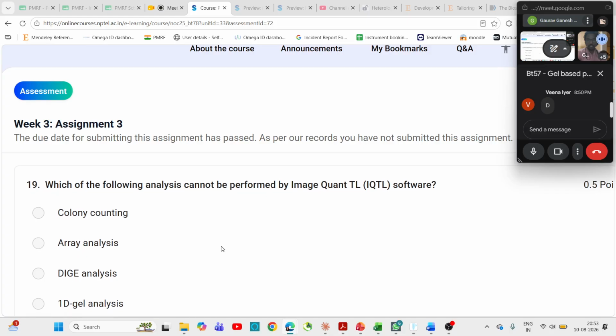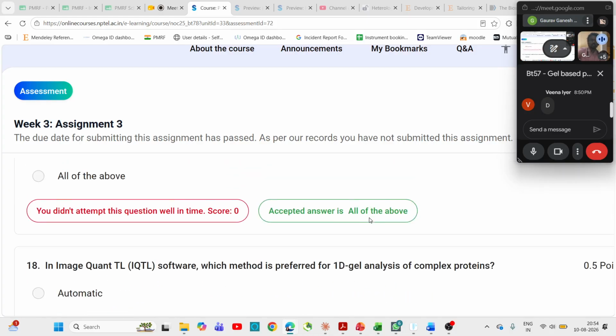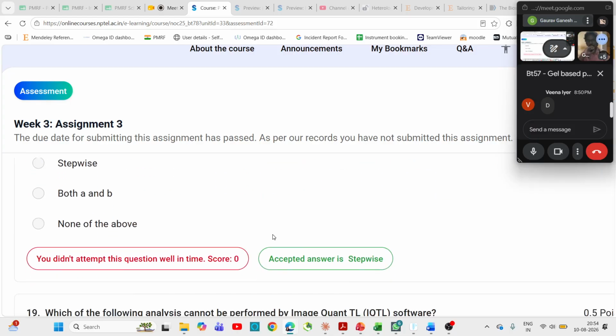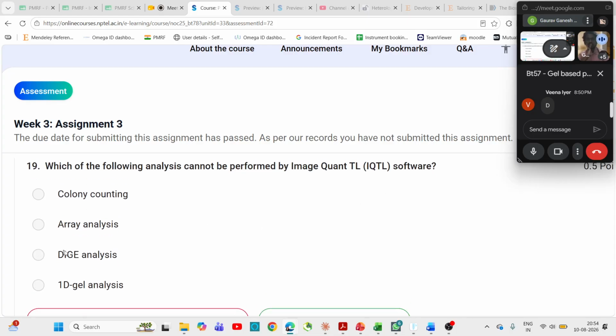Which of the following analyses cannot be performed by the software? Colony counting, array analysis, DIGE analysis, or 1D general analysis. You will be able to answer these questions only if you have gone through the lecture by the professor who talked about these softwares. DIGE is a different technique itself, wherein different dyes are used, which we'll be learning in our next lecture about dyes. So this software cannot do DIGE analysis, whereas all others can be done.